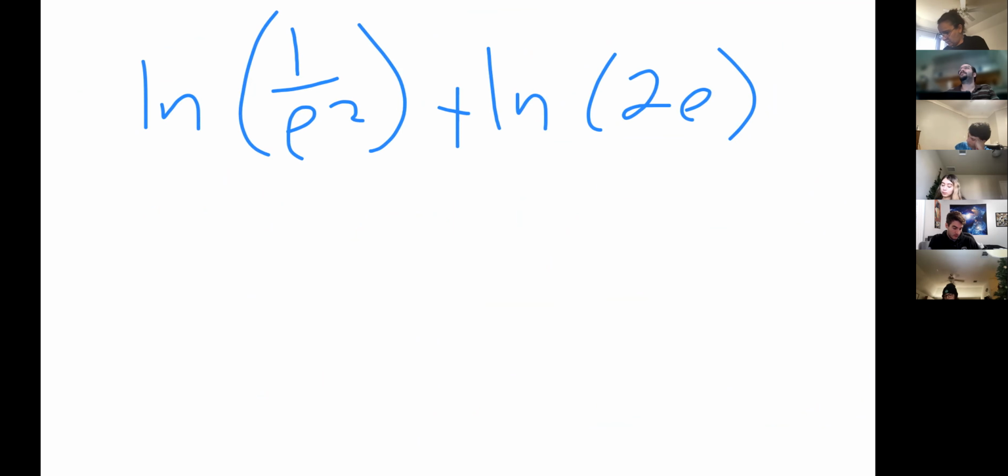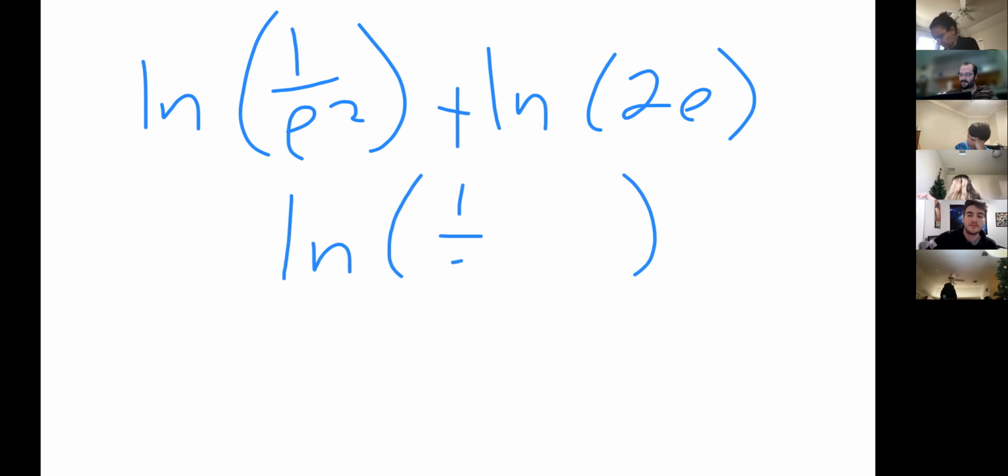And who's next on my list? Ashley, did you get this one? No, I didn't, but we could start on it. Yeah, sure. So if I want to combine these to one log, what does it look like? It would be multiplication. Yes, I do 1 over e squared, and I'm multiplying by 2e.